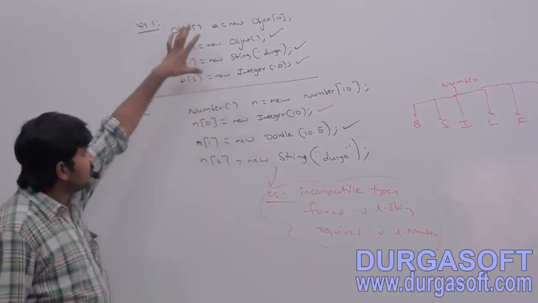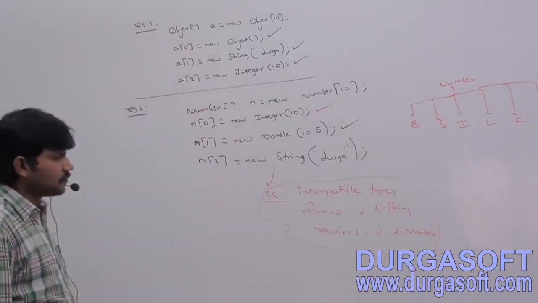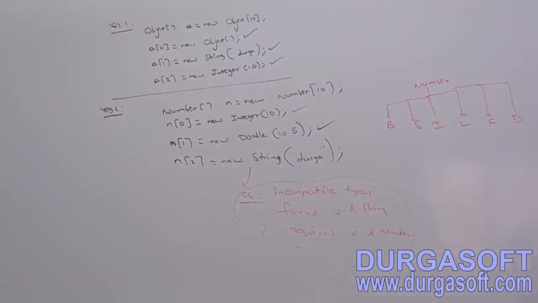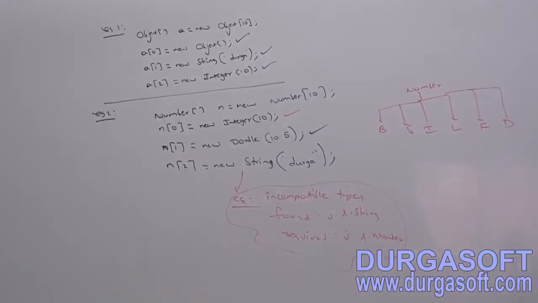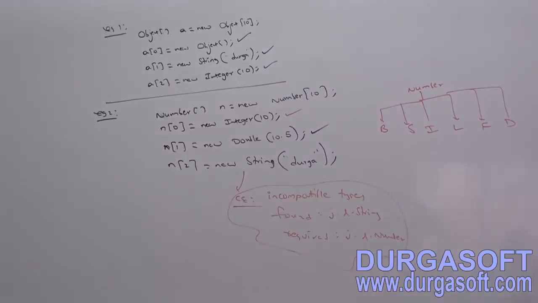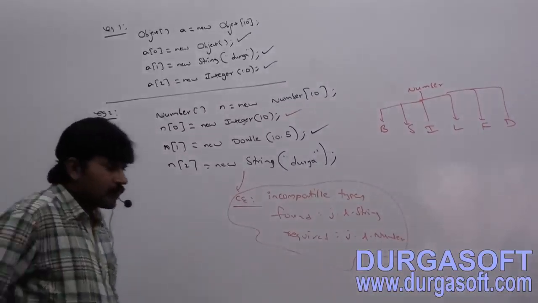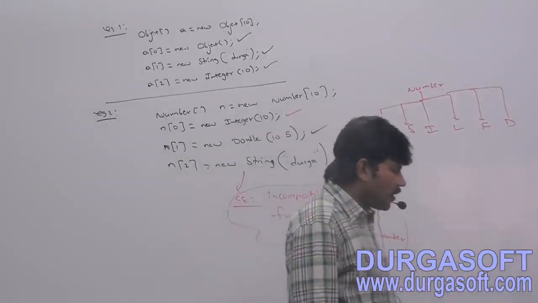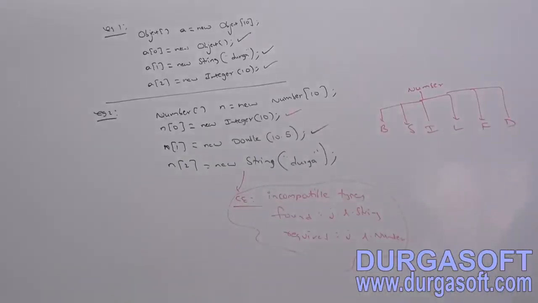Take example 1 and example 2, both clearly. Either declared type objects or its child class objects, we can provide, no problem at all.